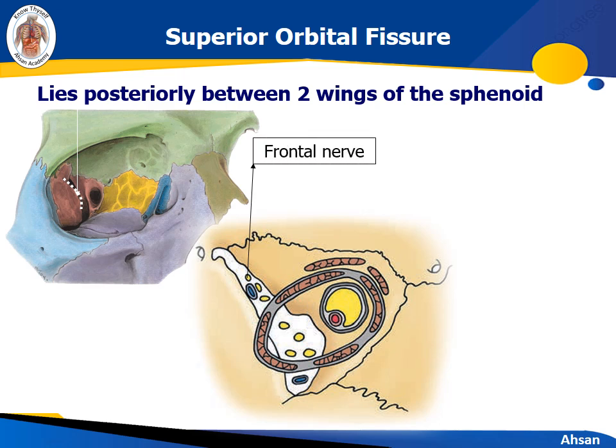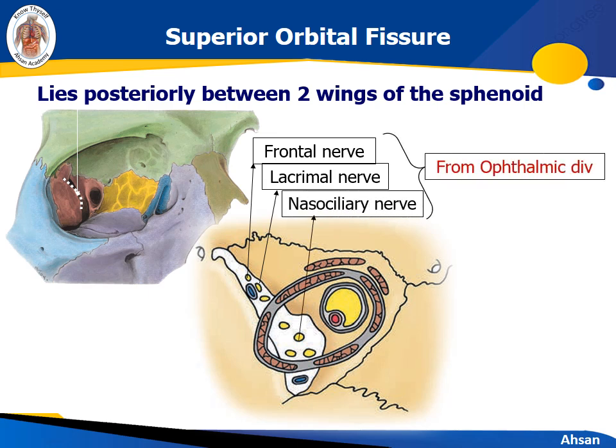So let us explain the structures that pass through the superior orbital fissure above the tendinous ring. These are the frontal nerve, the lacrimal nerve, and one of the branches, the nasociliary nerve, that passes through the tendon. These are the 3 divisions of the ophthalmic division of the trigeminal nerve.